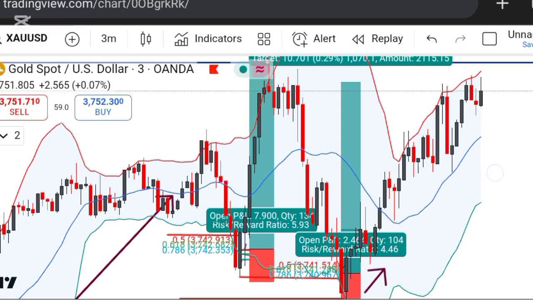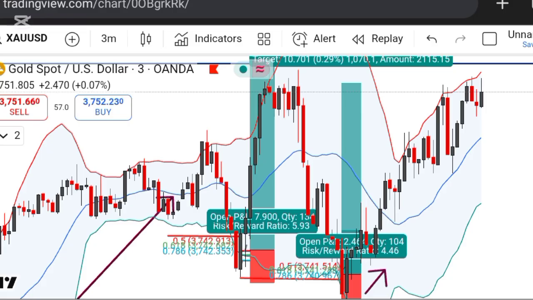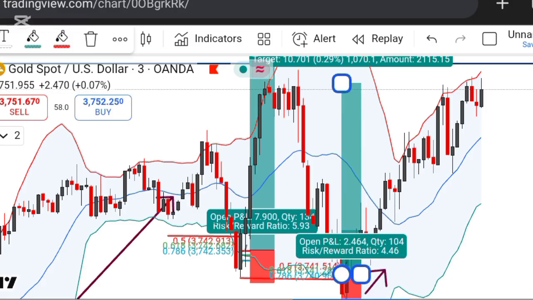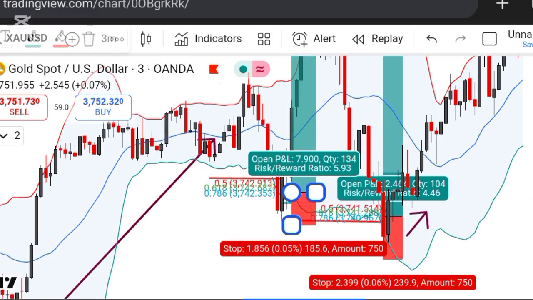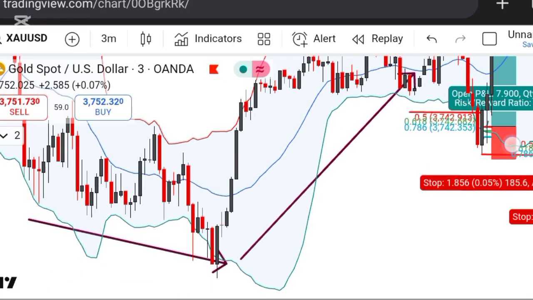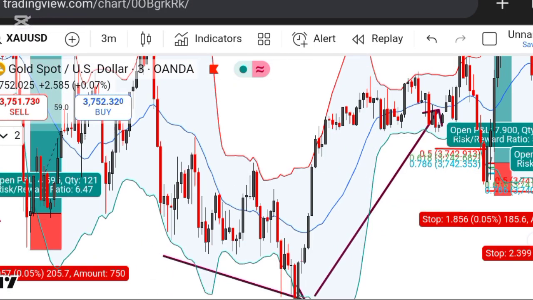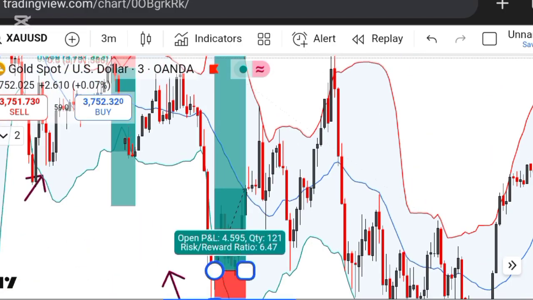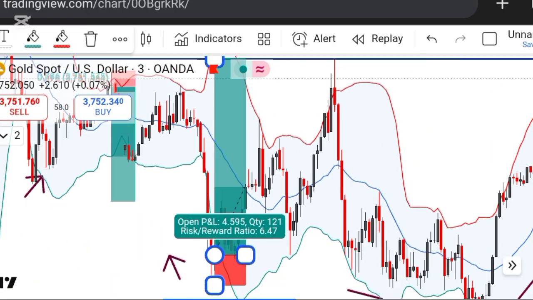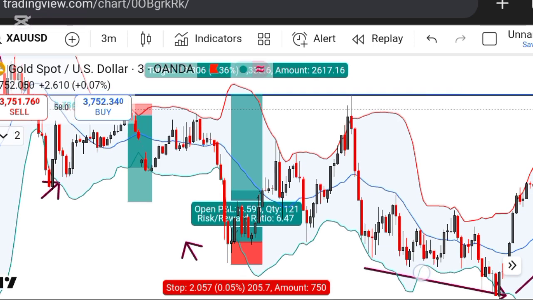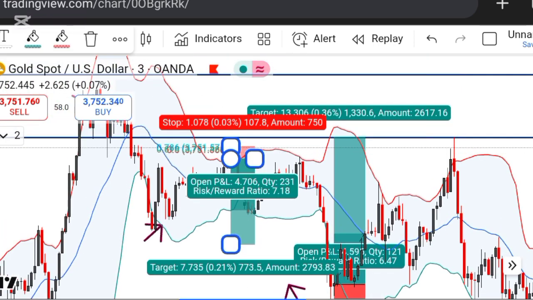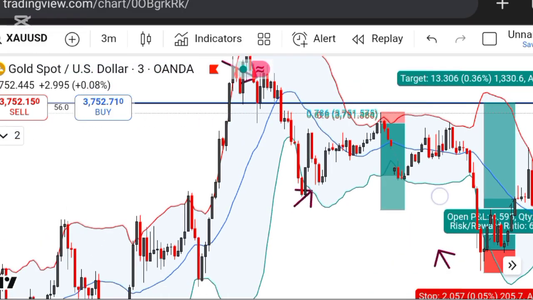So if let's say you are doing 1:4, this is 1, 2, that was your 2 trade, 2, 3. This one was even 1:6, almost 1:7, 3, 4. This one was 1:7, 4.